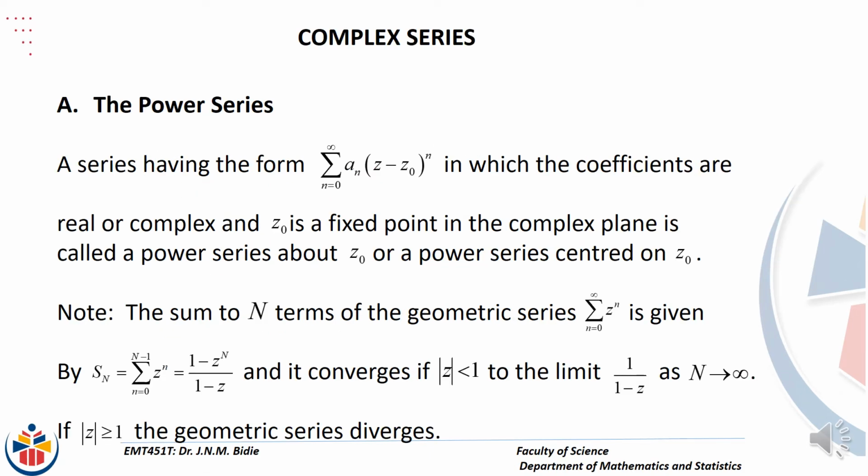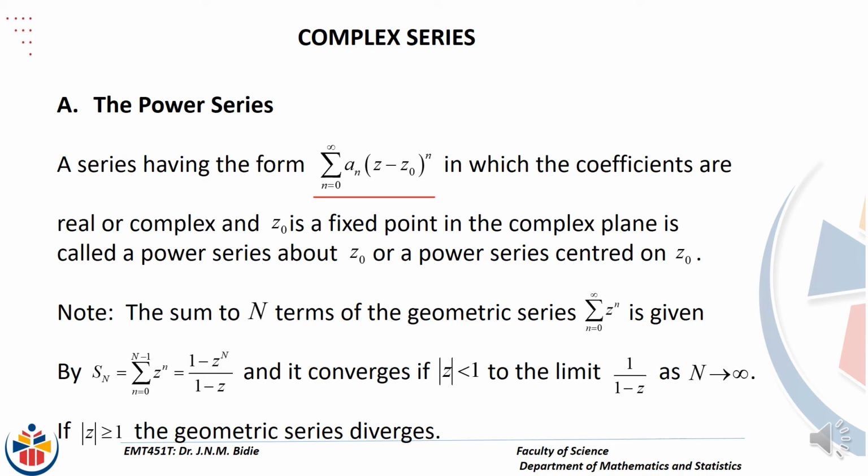Now we go to the complex series, starting with the power series. And in the power series, we'll be mostly using the binomial series, but the standard format of the power series is given by the sum of a_n times z minus z naught all to the power n, starting from 0 to infinity.